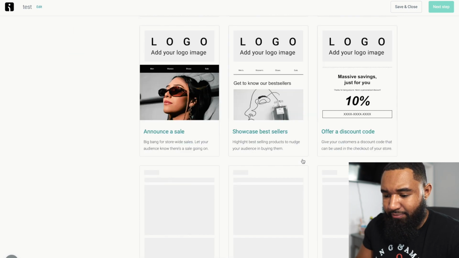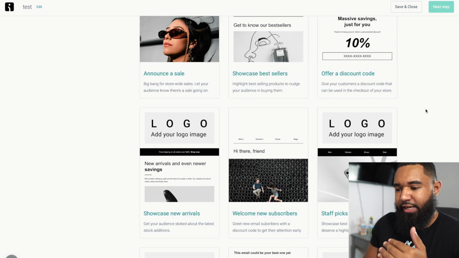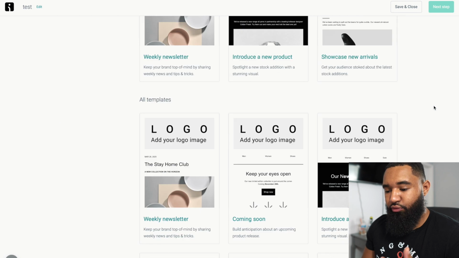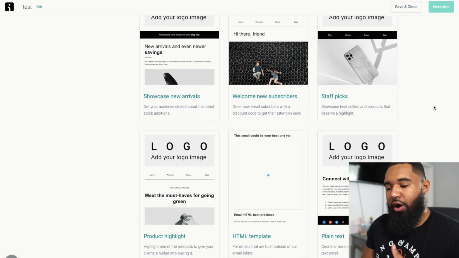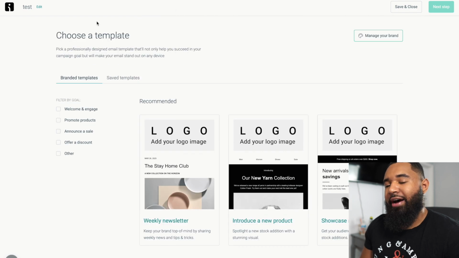I wish there were more templates, but for the templates that they do have, they are all customizable and they all look really, really good. And for the most part, they have everything that you need. But I do think the options are a little bit limited when it comes to templated emails compared to MailChimp or other email providers.